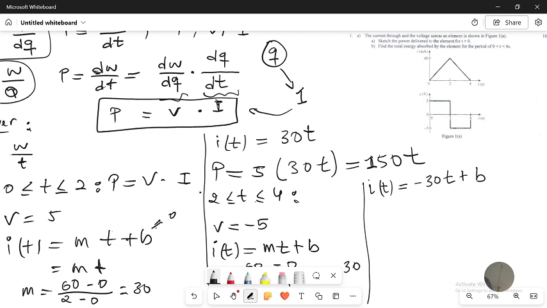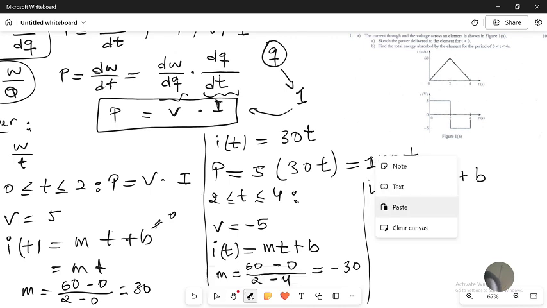I can choose this point, where the value of i is 60 and t is 2, or this point, where the value of i is 0 and t is 4. I take this point because it will be easier for me. The value of i at this point is 0.